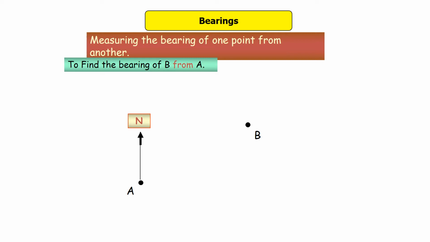So in this particular demonstration, we're to find the bearing of B from A. Of course, we're going to set up our cardinal points at A, and connect point A to point B, and then measure the angle from the north line of A where it forms with the line joining A to B. So the arms of our angle of measure are the north line and the line connecting A to B. In this case, the bearing of B from A is 060 degrees or 60 degrees.